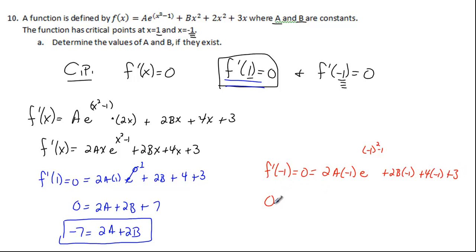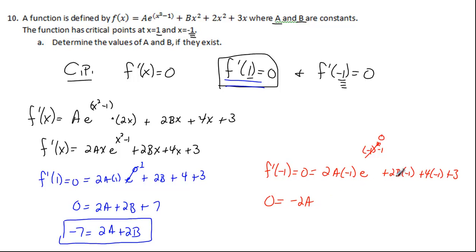Simplifying this out, 0 equals 2 times a times negative 1 gives you negative 2a. Negative 1 squared is positive 1 minus 1, which goes to 0. e to the 0 is 1. So we'll have 2 times a times negative 1 times positive 1, which gives you negative 2a.